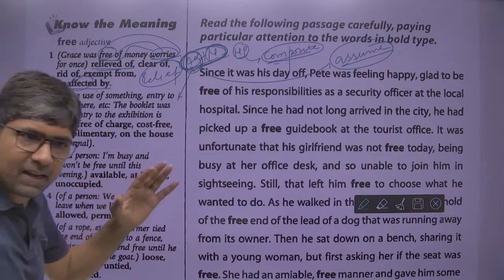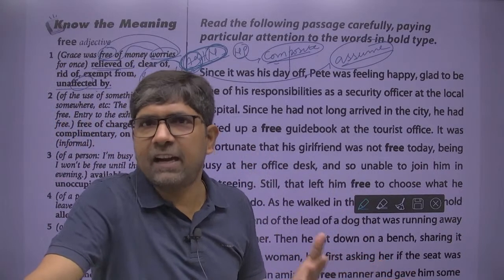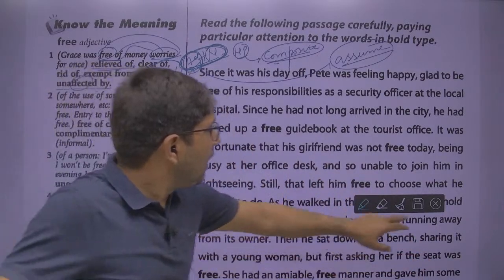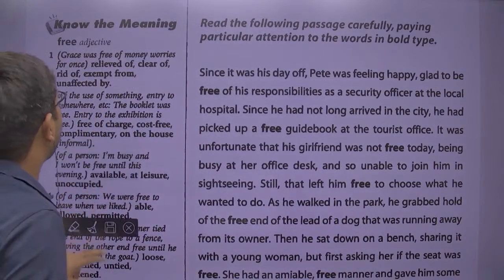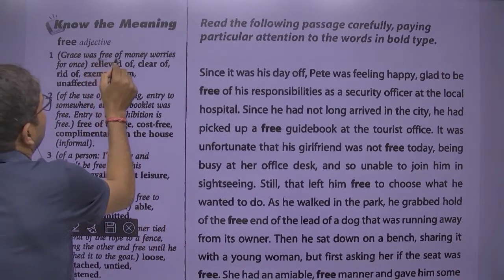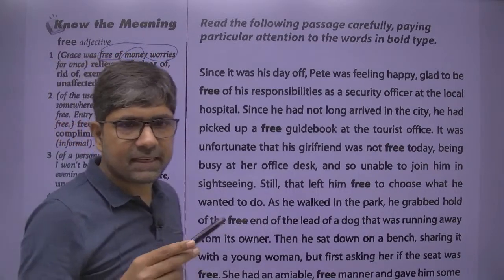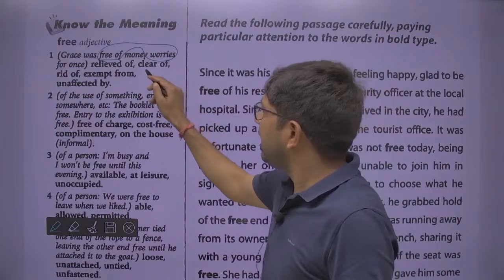For once मतलब एक बार के लिए. So she got some money from somewhere and she was free of money worries. Now, she was free of worries means she was relieved of worries. Is it clear?